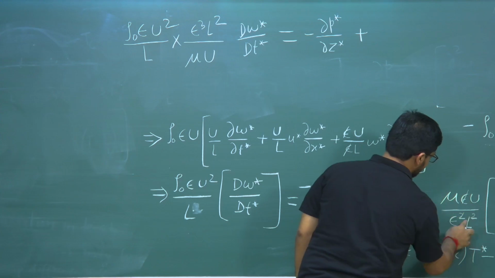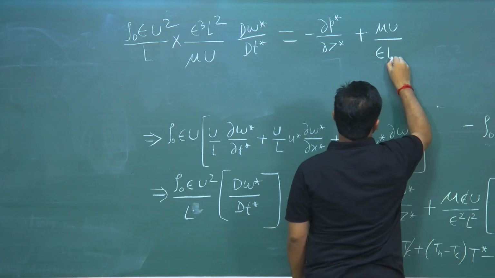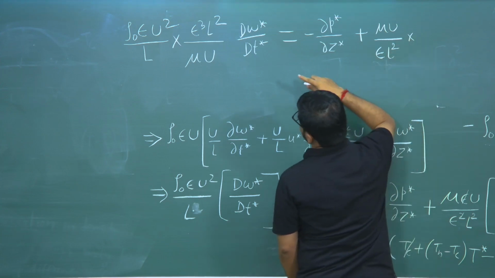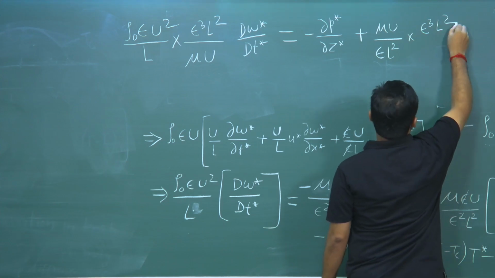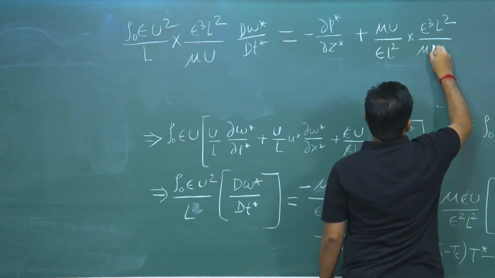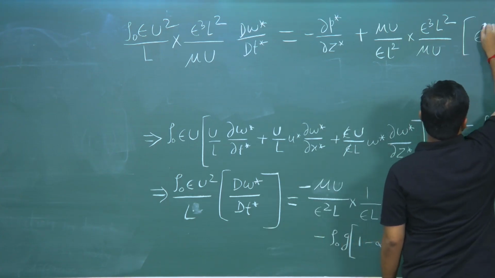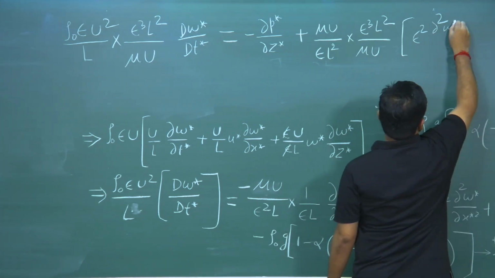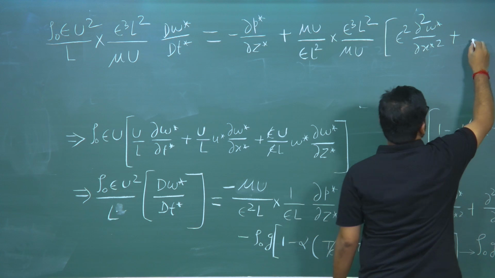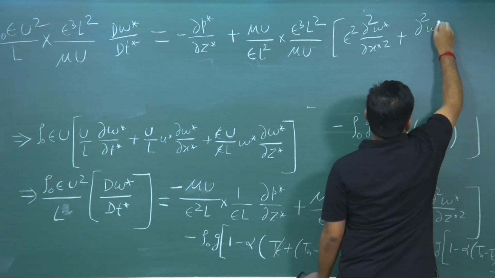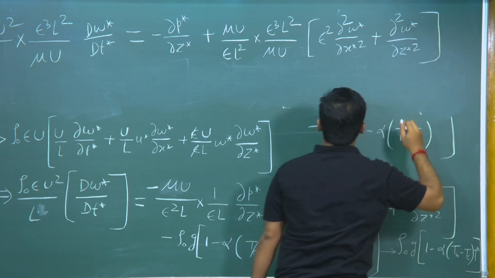So, this will be mu u upon epsilon L square into, I am multiplying by epsilon cube L cube, L square by mu times u, and this will be multiplied by epsilon square dou square W star upon dou x star square plus dou square W star by dou Z star square, right.